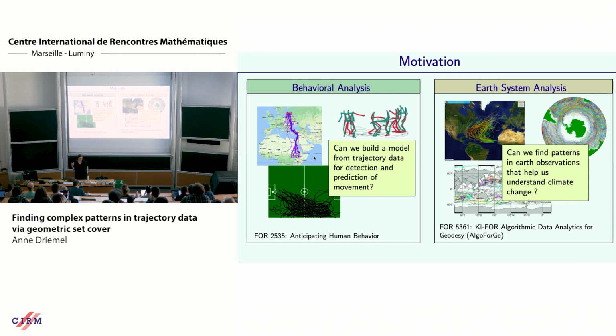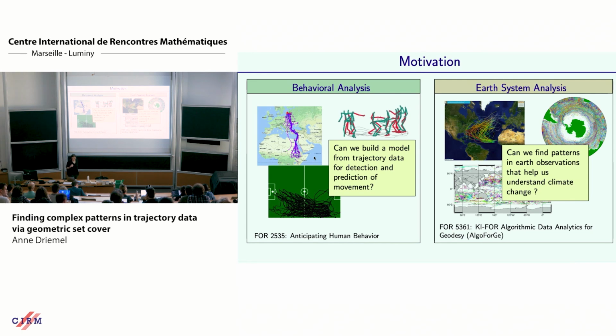Right. So what do I mean by trajectory? I work in these two research projects, so I just put up some pictures here, just some impression of what could be meant by this. Trajectories give us a way to represent observed motion.